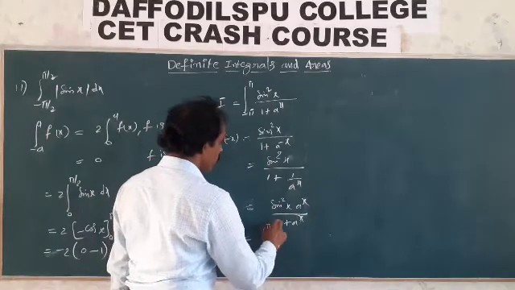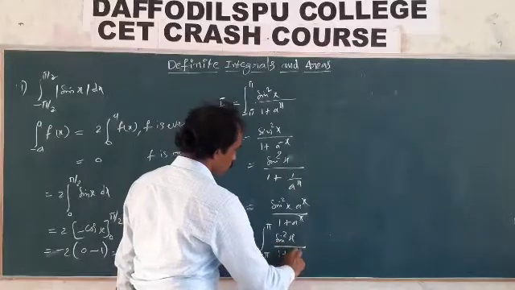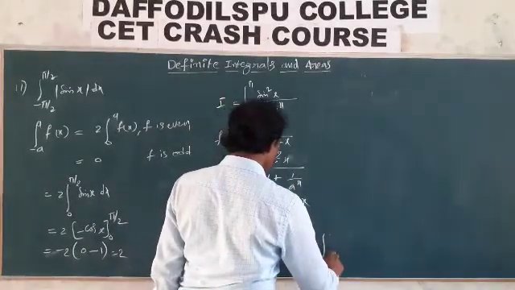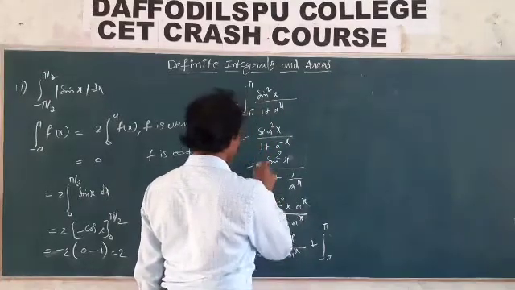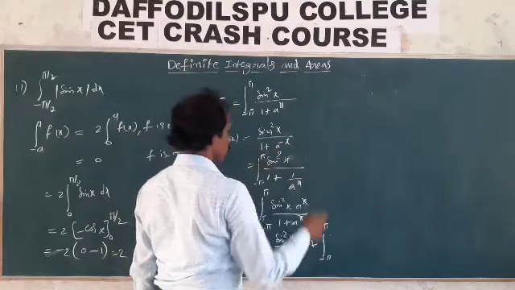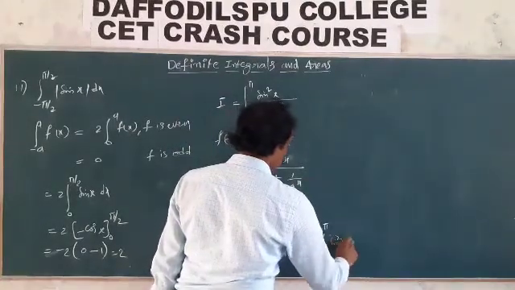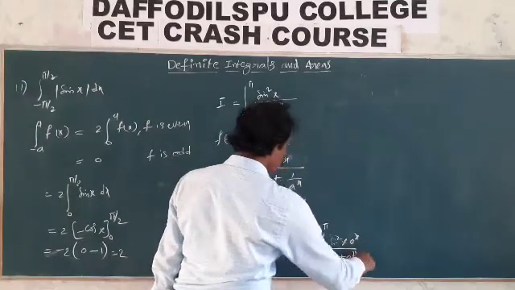Then you get minus pi to pi sin square x by 1 plus a power x, plus minus pi to pi sin square x a power x by 1 plus a power x.